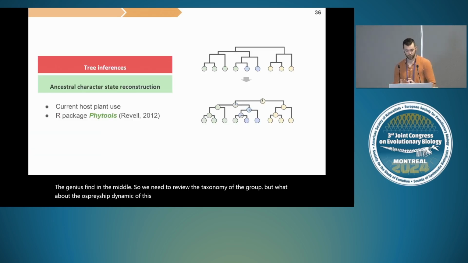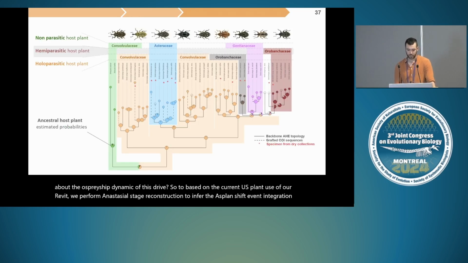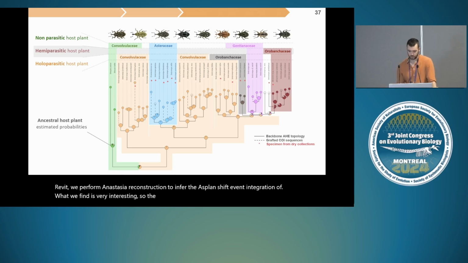Based on the current host plant use of our weevils, we performed an ancestral state reconstruction to infer the host plant shift events in the evolution of Smicronychini. And what we found is very interesting. The ancestral host plant was indeed a Convolvulaceae. We are not sure if it was a parasitic plant or a non-parasitic plant.